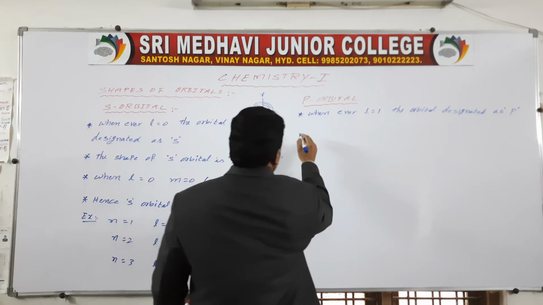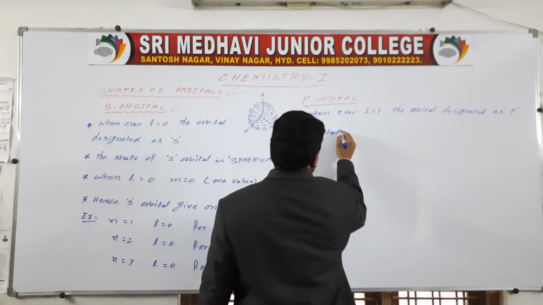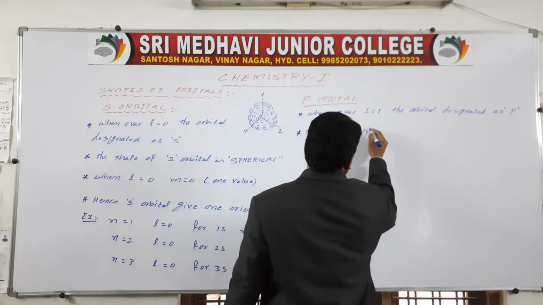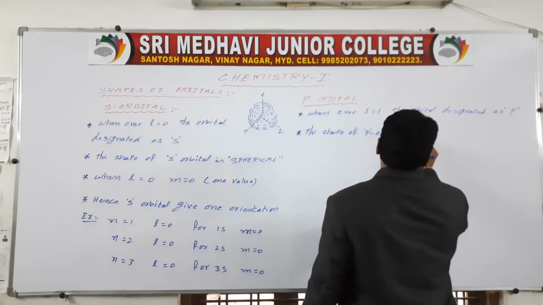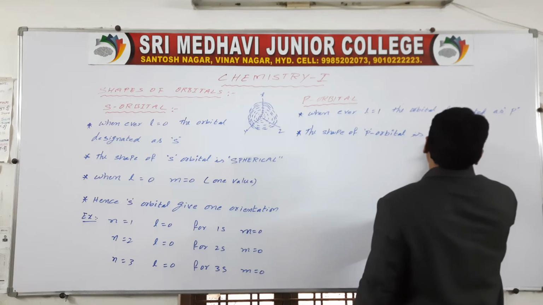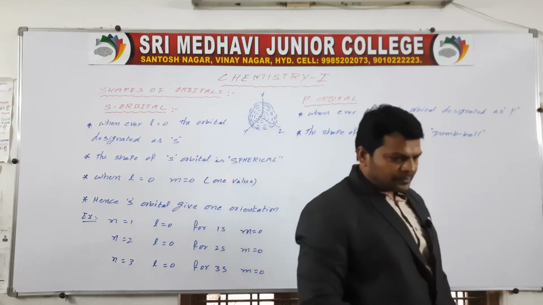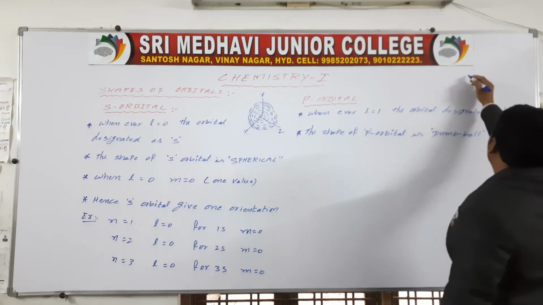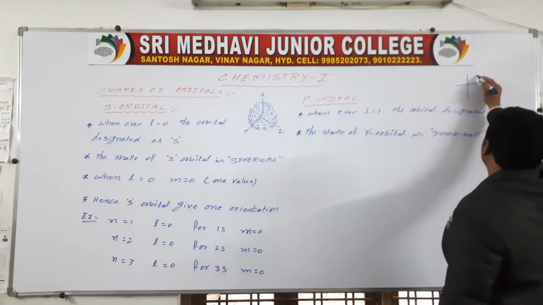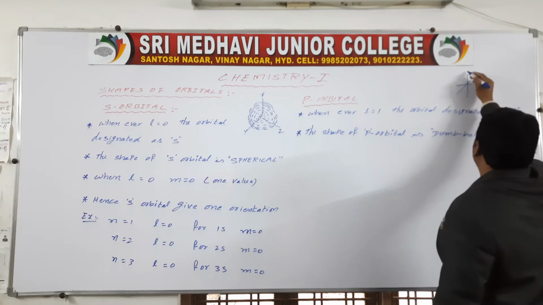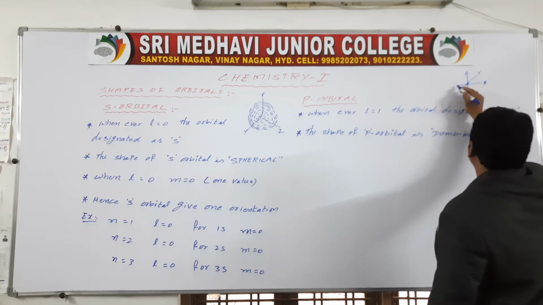The shape of the p orbital is a dumbbell. Why is it a dumbbell? See here, it is the x-axis, the y-axis, and the z-axis, and here is the nucleus.